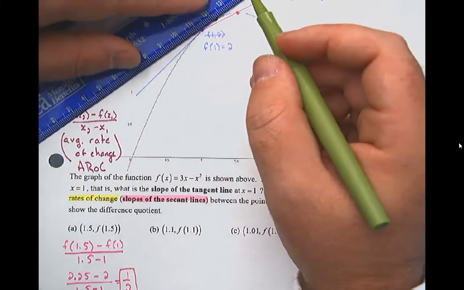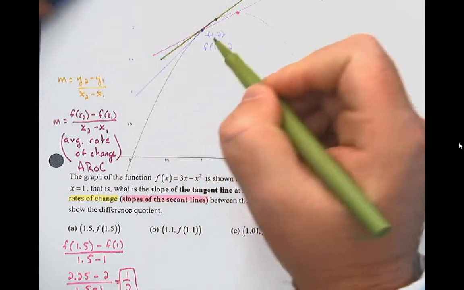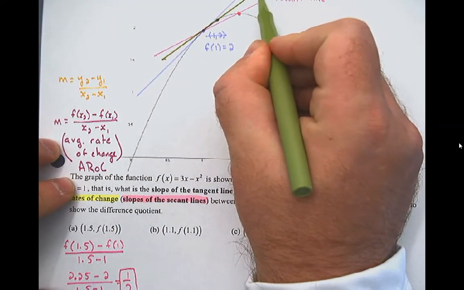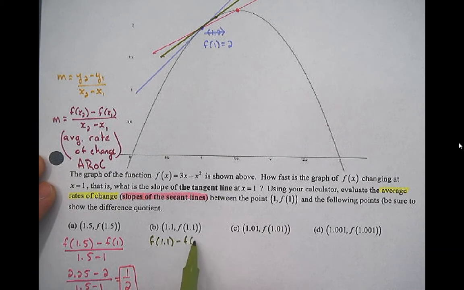I play connect the dots. I'm not going to go as far because I don't want to run into that word tangent line. This is what again? This is called a secant line. They said we're allowed to use our calc. So this is f of 1.1 minus f of 1 over 1.1 minus 1.